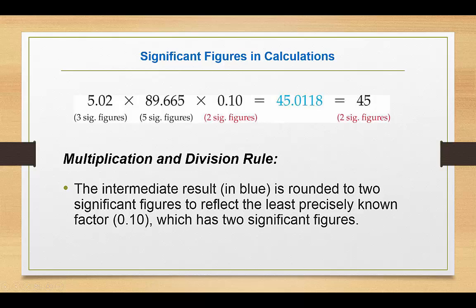Now I look at how many I counted. 3, 5, 2. Smallest one here is 2. Since this is smallest, 2 significant figures, my final answer can only have 2 significant figures. Doesn't matter where the decimal points are for multiplication and division, only the number. So I only keep the first 2, 45.